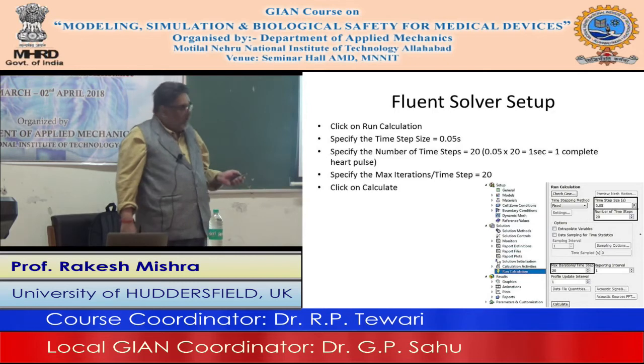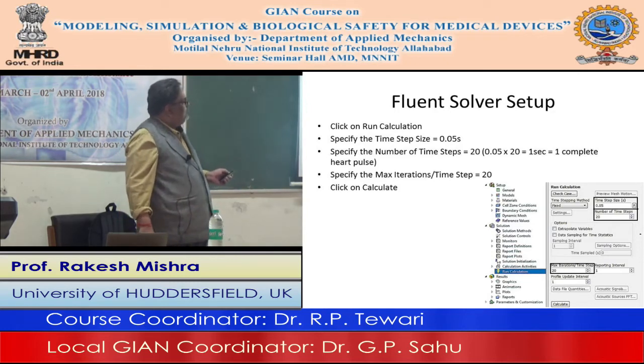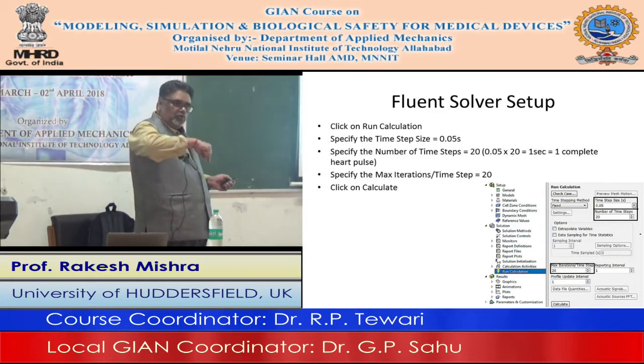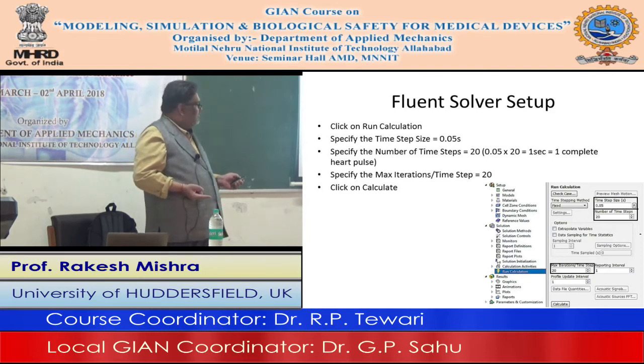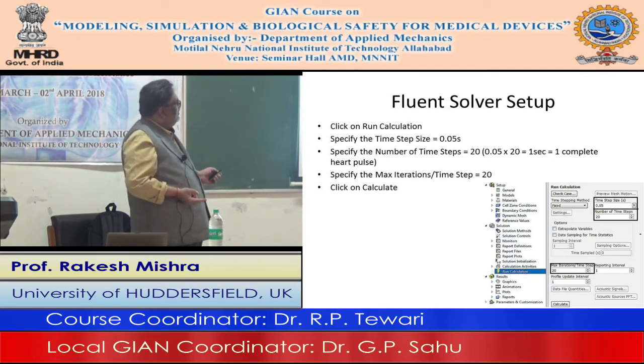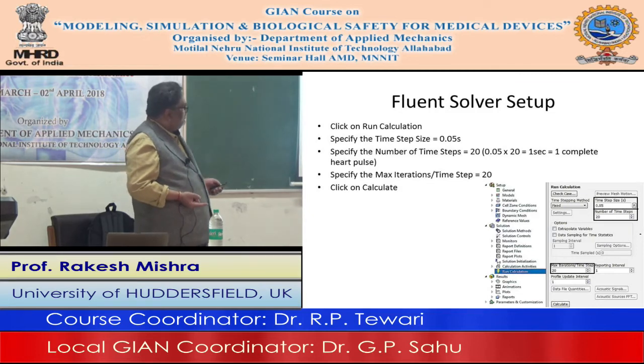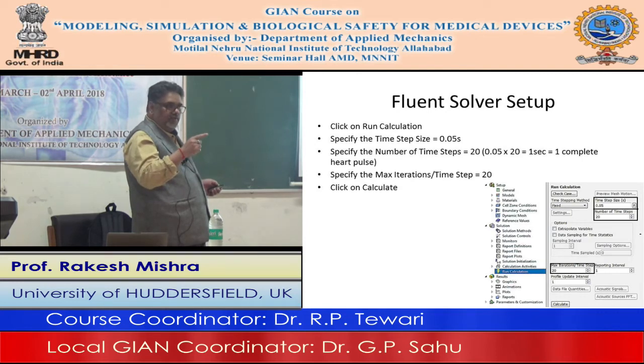And then how many number of time steps am I taking? 20 time steps, because I am simulating only 1 second of flow through my arterial bifurcation. So it will run 20 simulations at every 0.05 seconds.